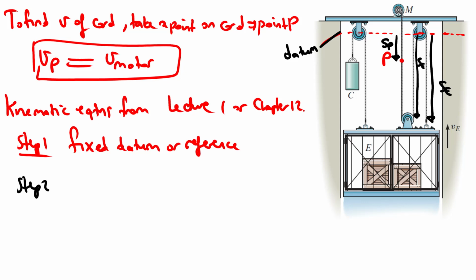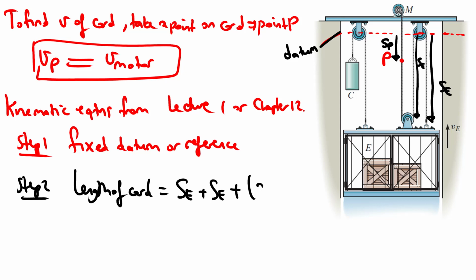Step 2 is that the length of the cord is the SE plus the SE, and then plus the part from P to E, which is constant. That is SE minus SP, and that's the length of the cable.